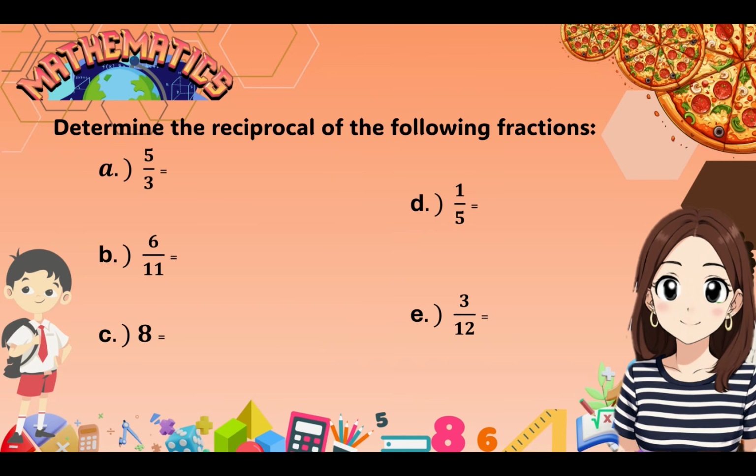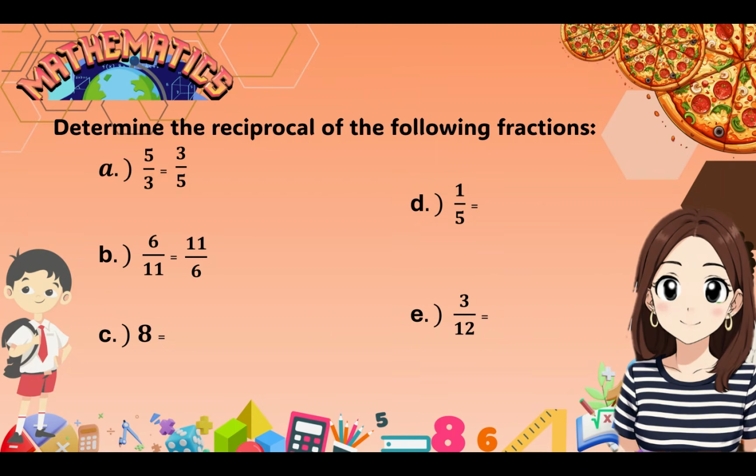For letter A, we have 5/3. The reciprocal is 3/5. Letter B, 6/11. The reciprocal is 11/6. Letter C, it's a whole number, 8. So it means it has a denominator 1.